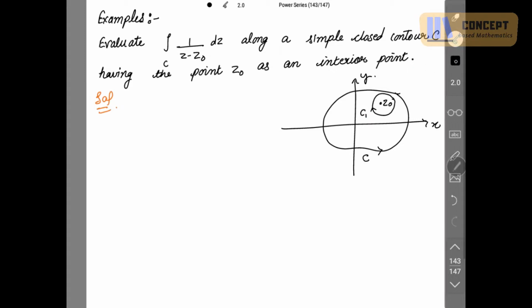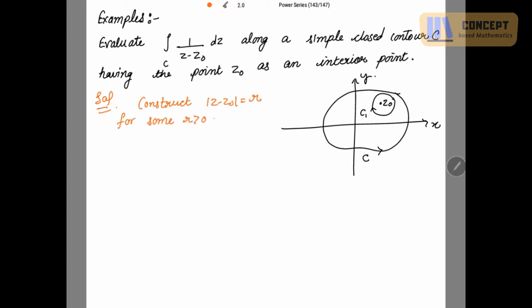So let's start with the solution. I have constructed a circle. Construct the circle mod z minus z naught equal to r, interior to the contour C for some positive r.